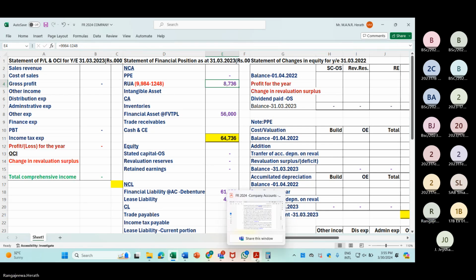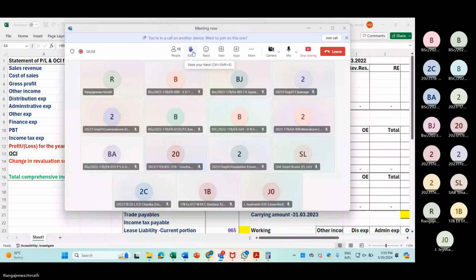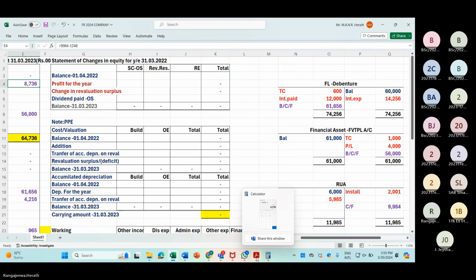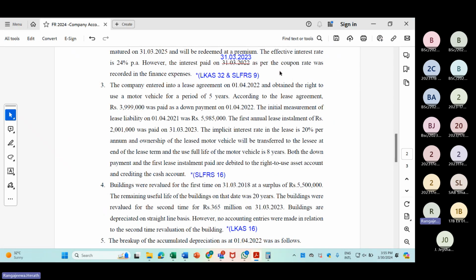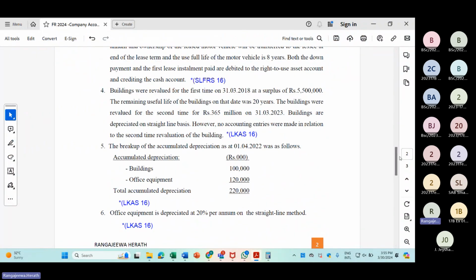Right. So then, we have taken 1, 2, 3 for the revaluation of building.